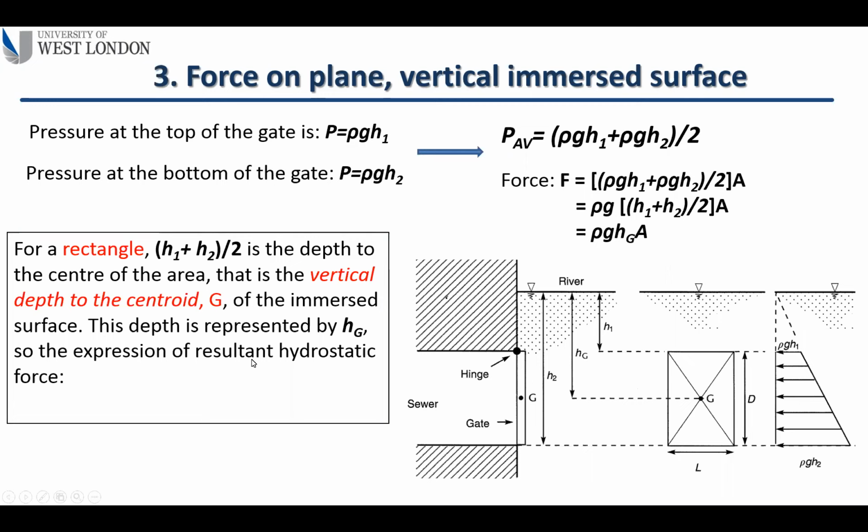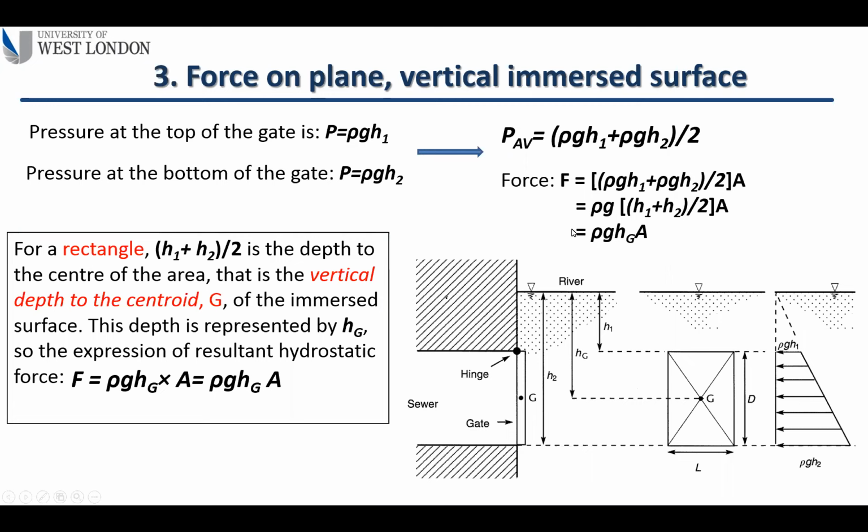So the resultant hydrostatic force can be easily calculated as the pressure at the centroid, rho g hg, times the area of the gate. In that case, the force is equal to rho g hg A, where A is equal to D times L. That's the way we calculate the force.